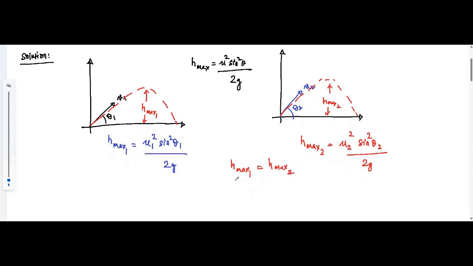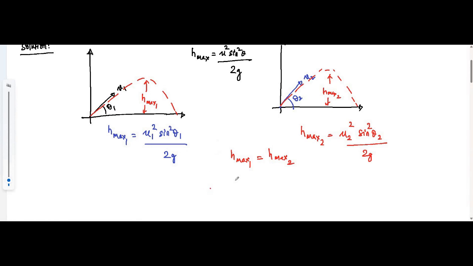That implies, u1 square sine square theta 1 by 2g is equal to u2 square sine square theta 2 by 2g. So on both sides 2g will get cancelled.